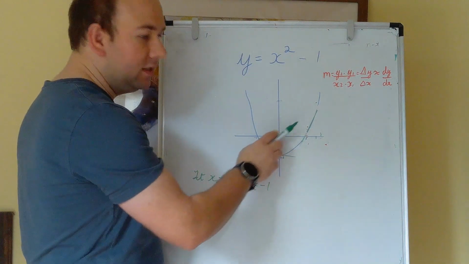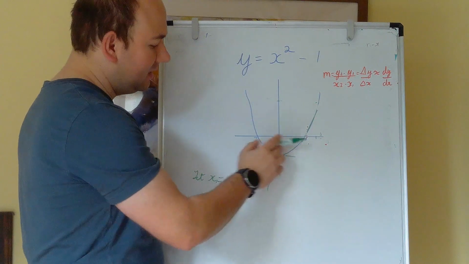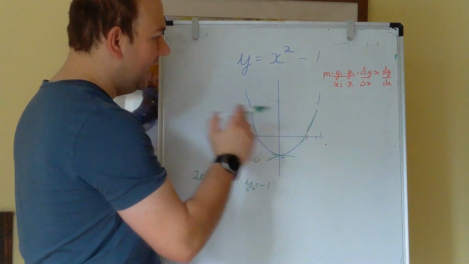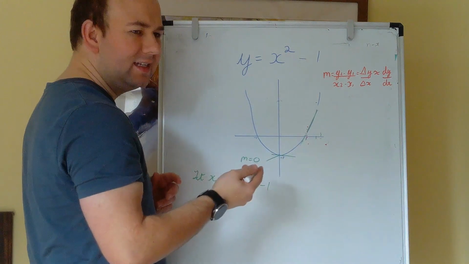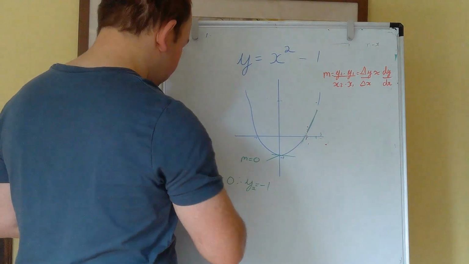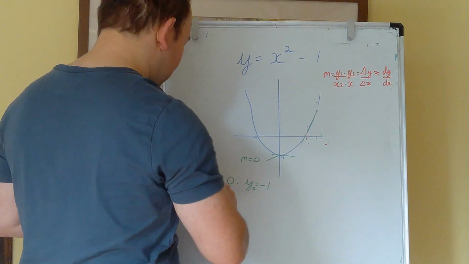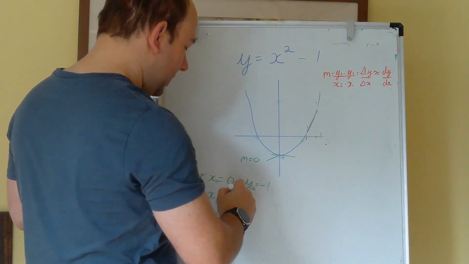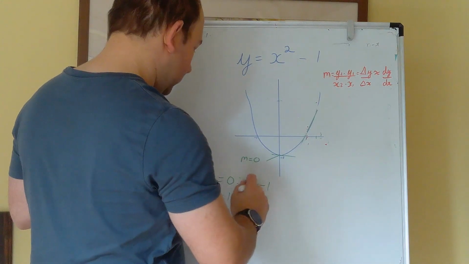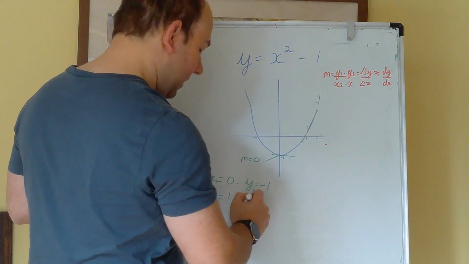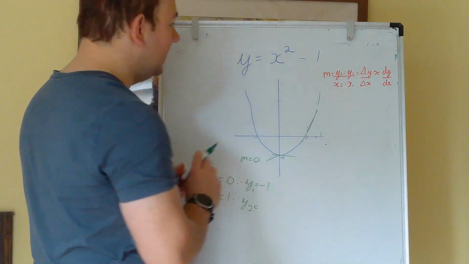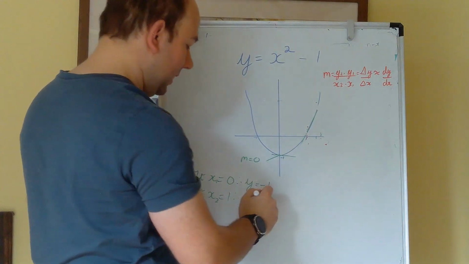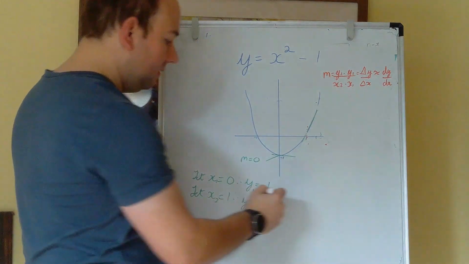Now I take another point just beyond this x coordinate, the 0 x coordinate, and calculate y there. Let x equal 1. I'm going to call this x2. Therefore y2 is equal to 1 squared, which is 1, plus 1, which is 2.